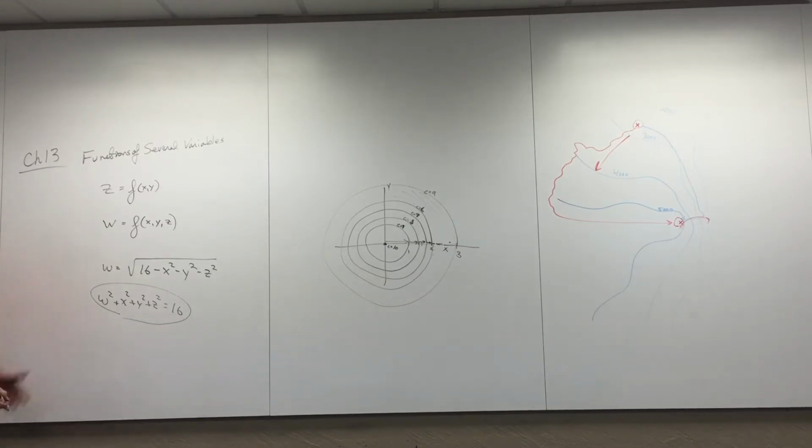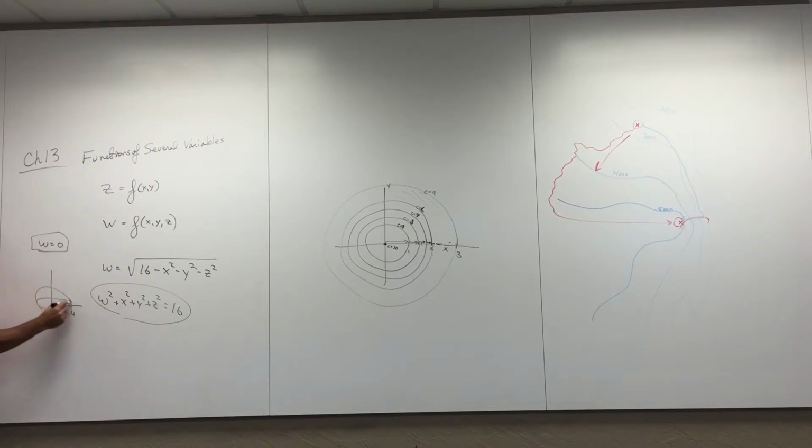What if W was 0, though? I could draw the three-dimensional level surface. What would it be if W was 0? It would be a sphere of radius 4. You're right.